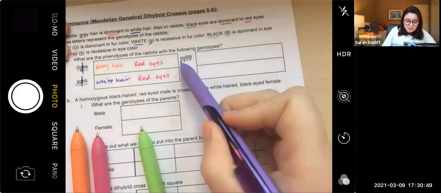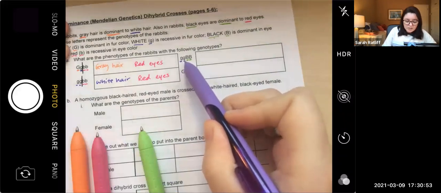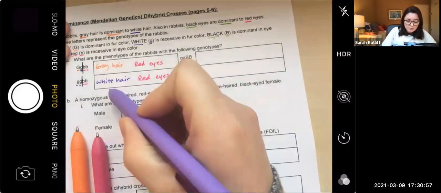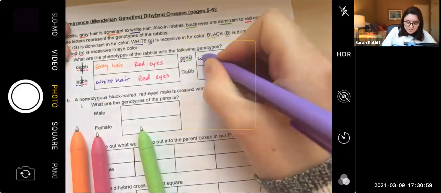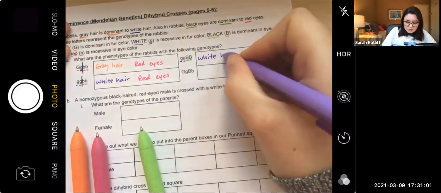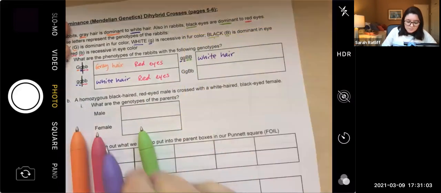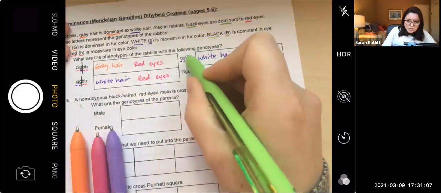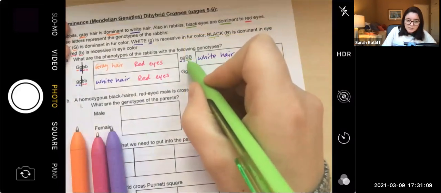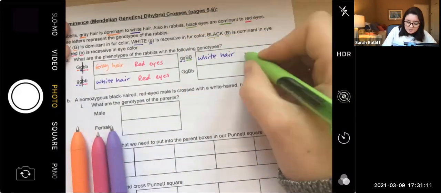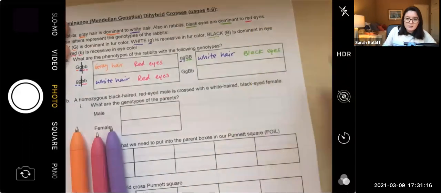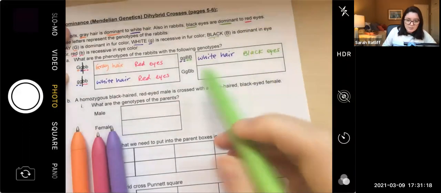Well, these little g's, because there's no dominant allele for our hair color, the recessive color will be present. We found that out in this one right here. So it will have white hair and black eyes. How do we know this? There's at least one dominant allele when we have two big B's. So it will have black eyes.